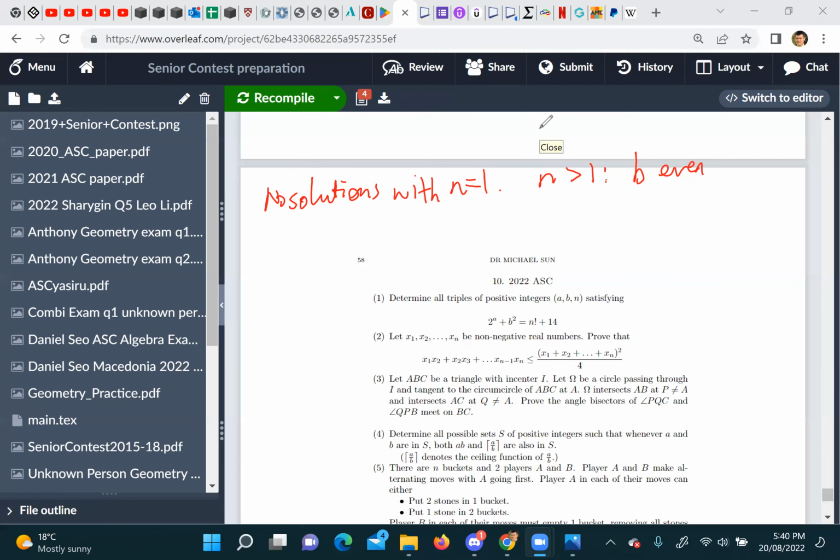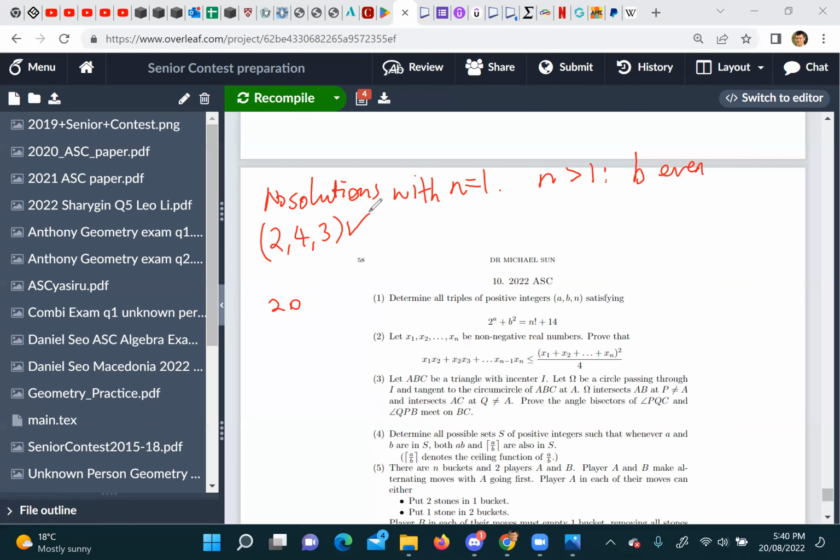Okay, is Finn suggesting 2, 4, 3 is a solution? Let's see, 2, 4, 3. You mean B is 4? Okay, let's try this. So 16 plus 4 is 20. And 20 is 3 factorial plus 14? It is, yeah. We have a solution.